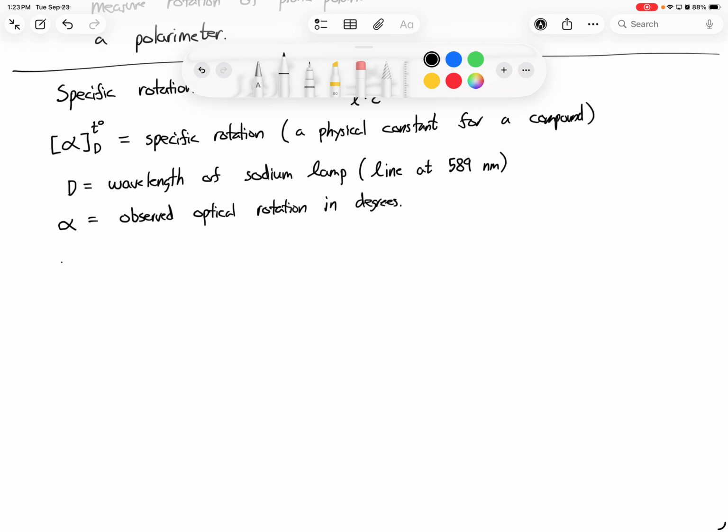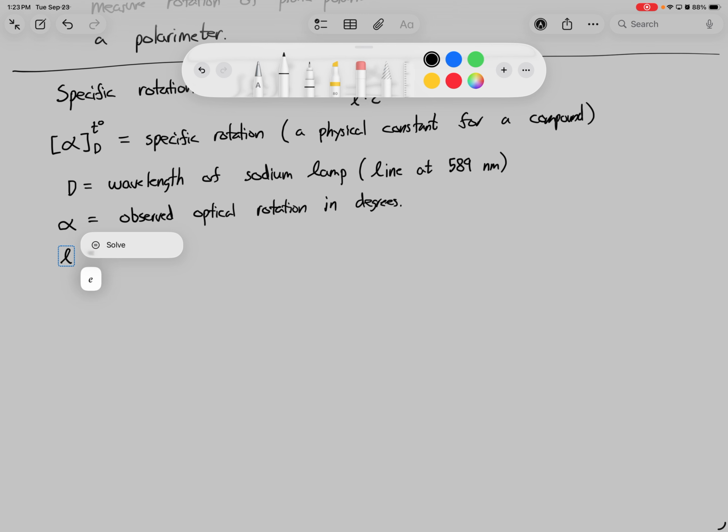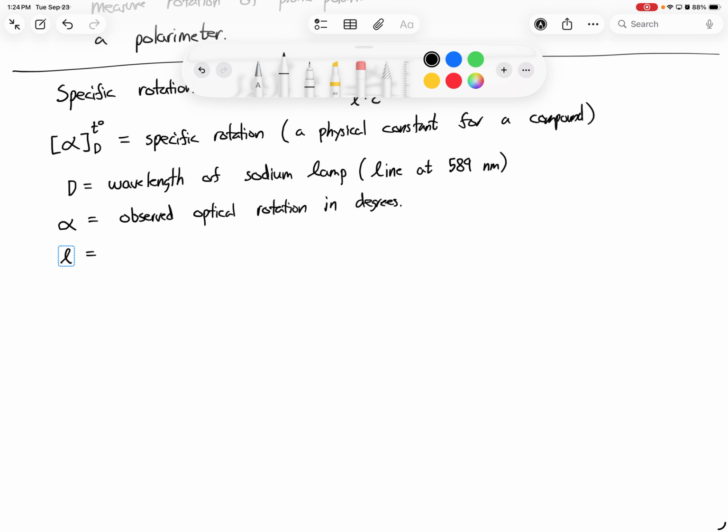L here is your path length. When light hits your sample, depending on the dimensions of the sample cell, the light will have to travel a certain distance to go through your sample. And then based on how much light was absorbed, you can measure a lot of things.